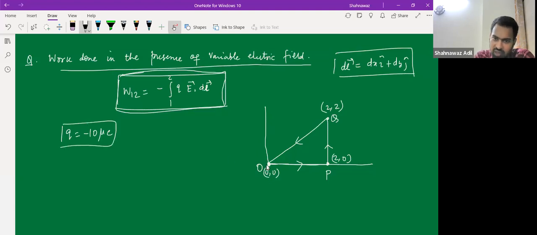So first in this direction, then in this direction, and then in this direction. And the electric field is like this.